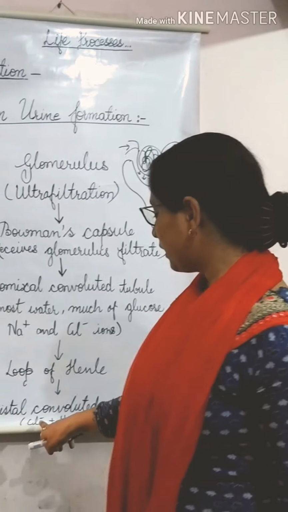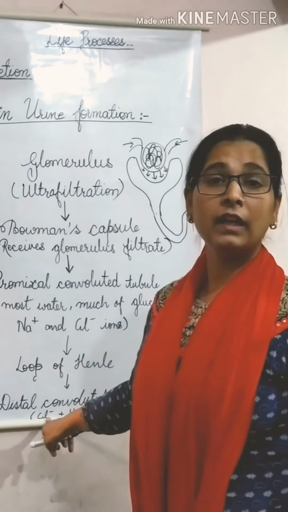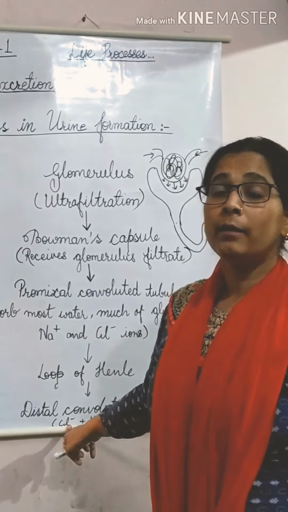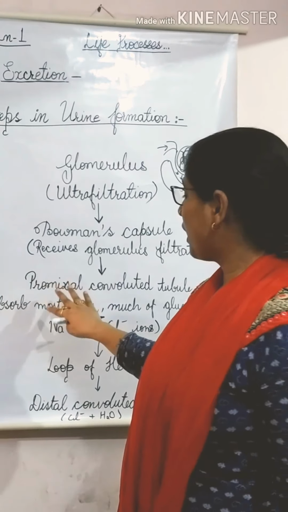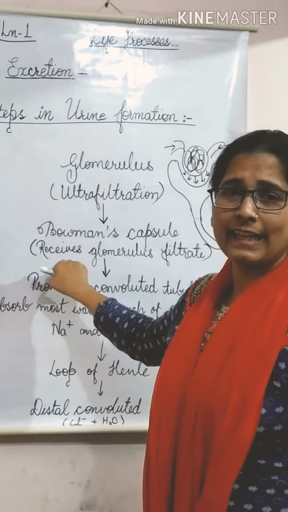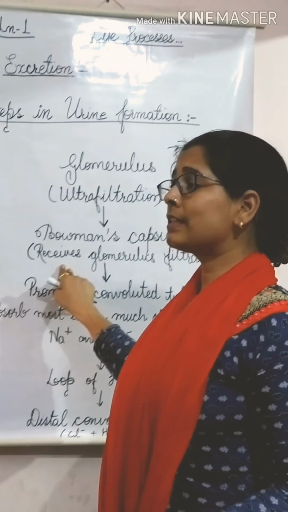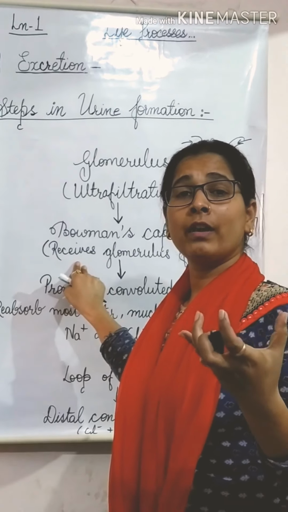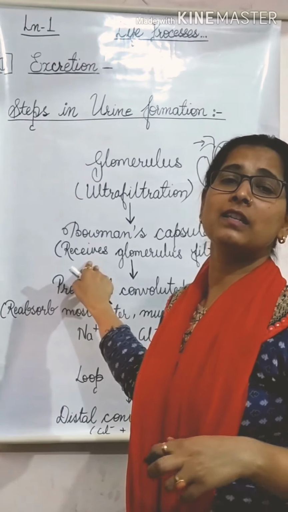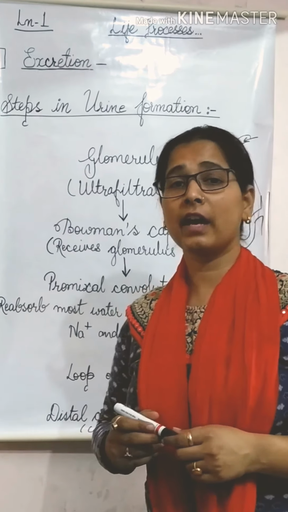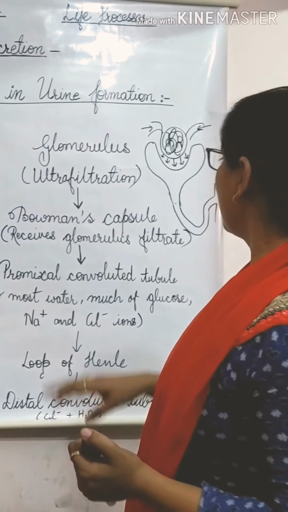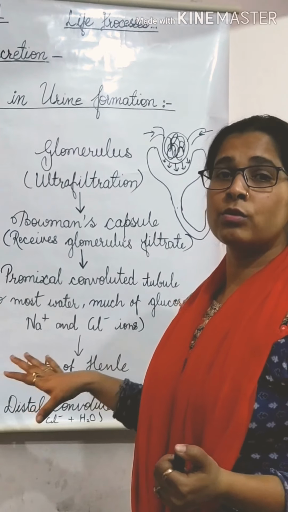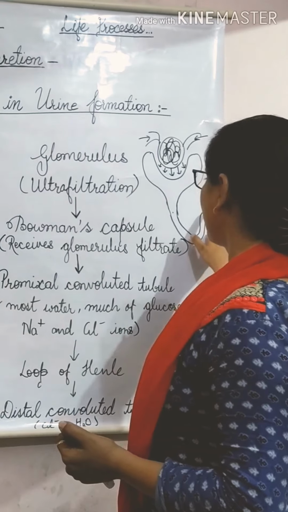And in this, the reabsorption of chlorine and water takes place, because many items have already been reabsorbed in the PCT area, right? That's why in the DCT area, when this concentrated urine comes to it, there is only chlorine and some water to reabsorb. Afterwards, the substrates pass into the ureter.